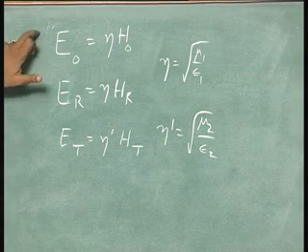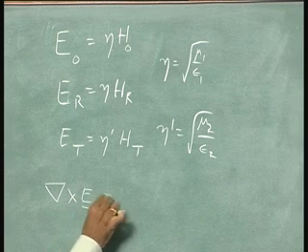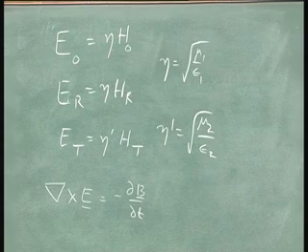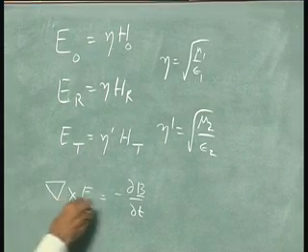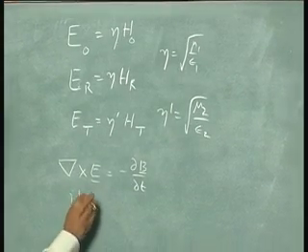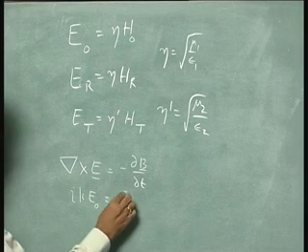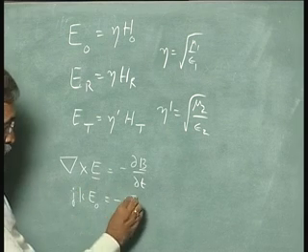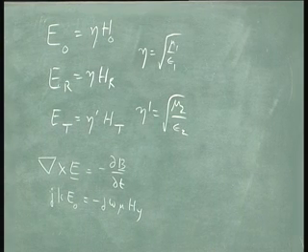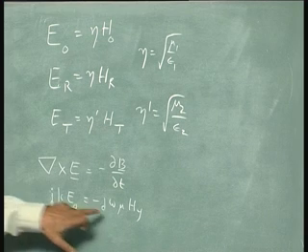Where does this come from? It comes from the fact that if you take curl of E is equal to minus del B del t, then I can write this down as minus j k cross E naught is equal to minus j omega mu H. I can cancel the j's out, I can take the k to that side.